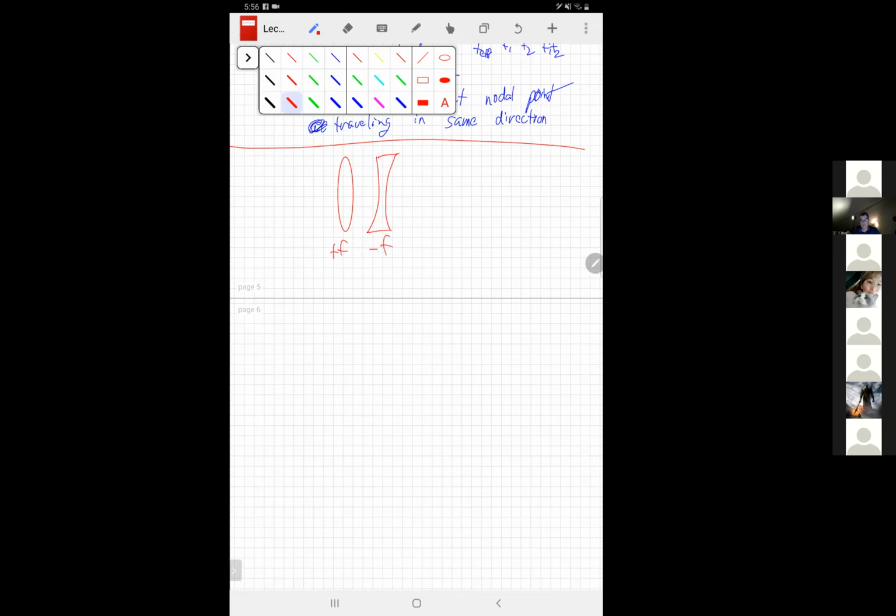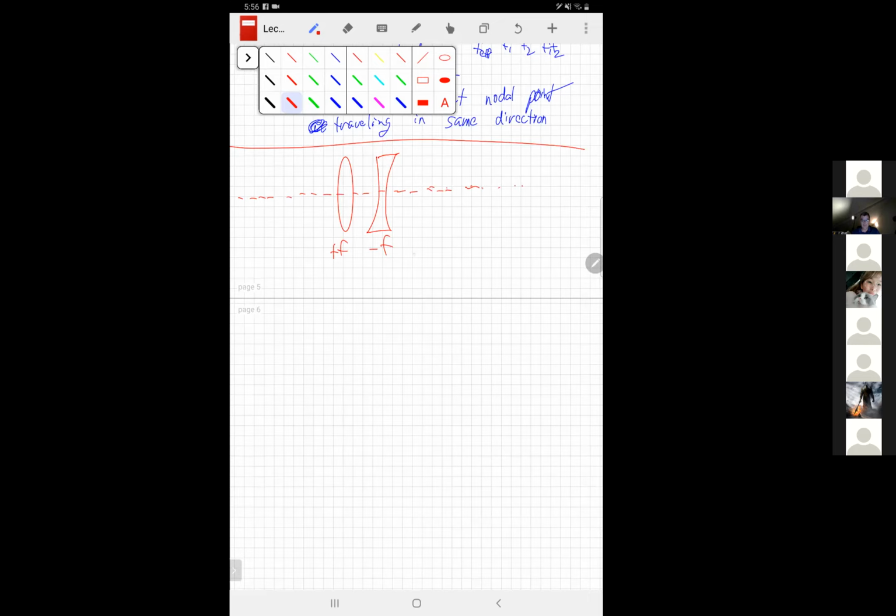What was the application? What was the situation that we talked about these being useful in? Does anybody remember? I said that they automatically correct for a special aberration. Field curvature. Yep.